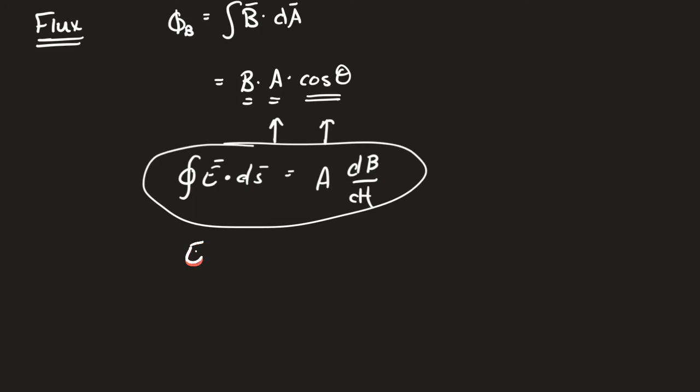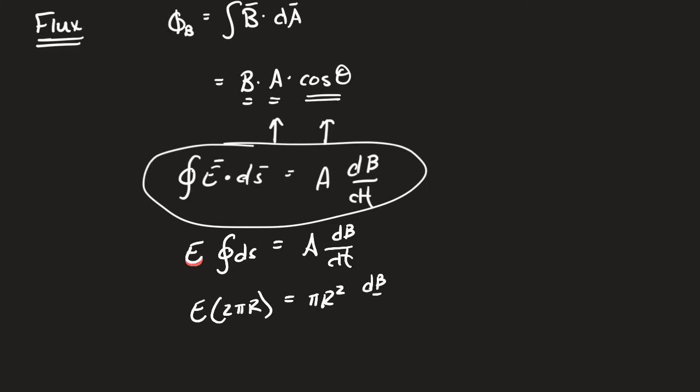The electric field comes out of the integral, and all that says is to add up the length of a loop that is a circle, which you guys all know is 2 pi r. And the area inside my circle and the rate of change of the magnetic field.